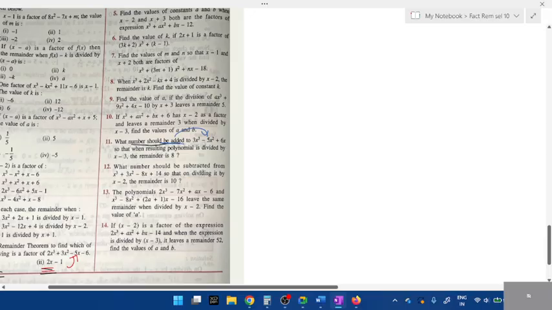What number should be subtracted? What do you mean by subtraction? Let the number be A, B, take anything. Okay. So all of you will try the 12th question, students. Try the 12th question. X cube plus 3x square minus 8x plus 14. What should I do?